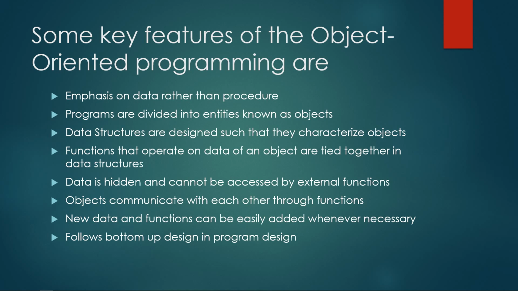The fifth one, data is hidden and cannot be accessed by external functions. The sixth one, objects communicate with each other through functions. The seventh one, new data and functions can be easily added whenever necessary. And the final one, follows bottom-up design in programming design.